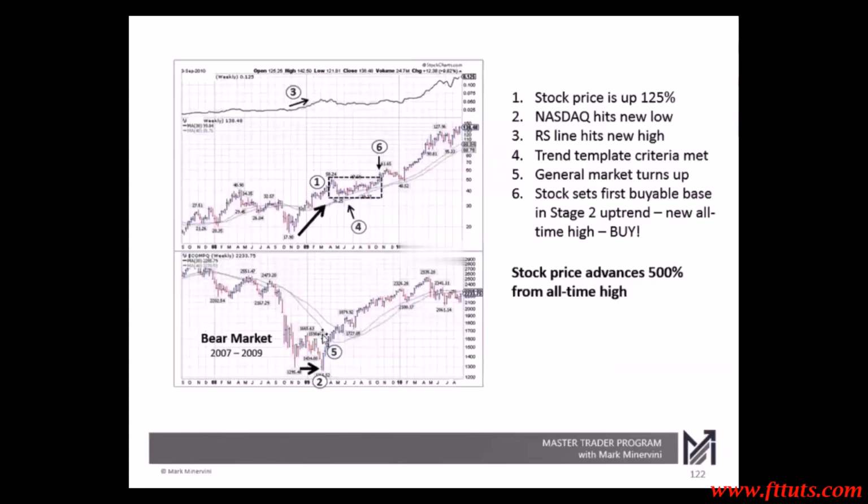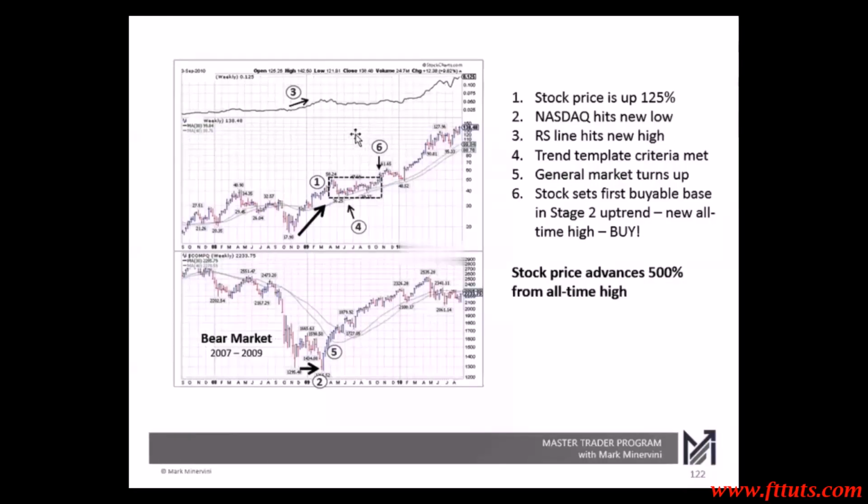Now, the market, as measured by the Nasdaq, makes a new low. It's actually hitting new lows, and everybody's bearish down here. And look at Netflix. Netflix is obviously way off its lows, up over 100%, and just consolidating now. Now here's where it gets a little tricky. Some people will misinterpret this.